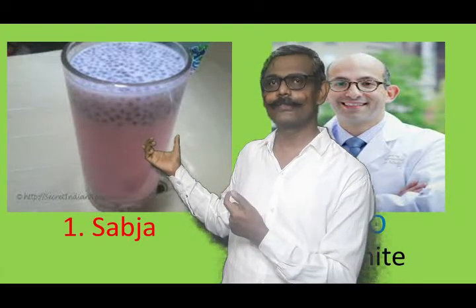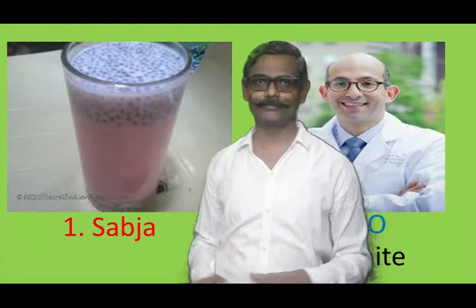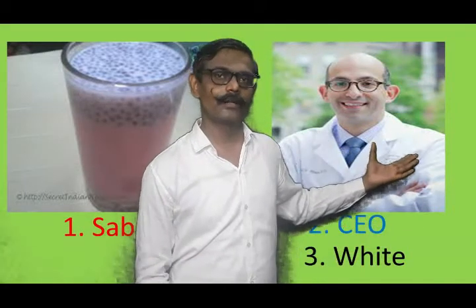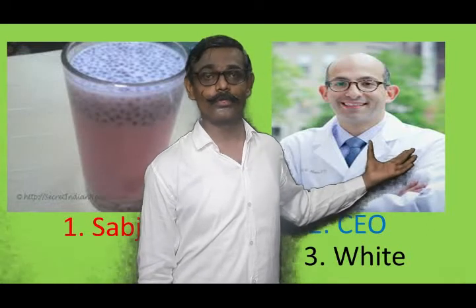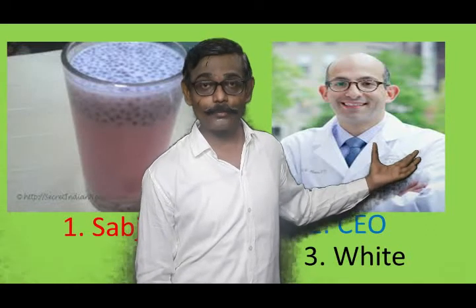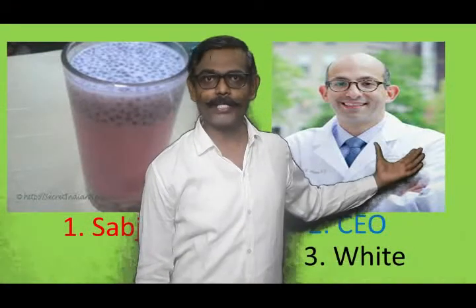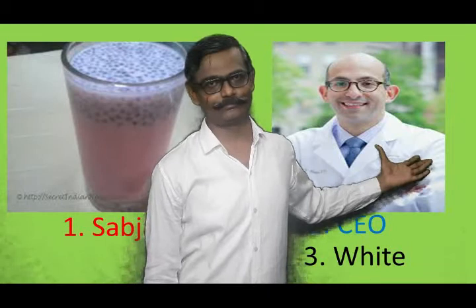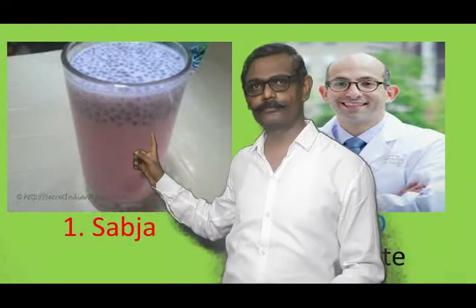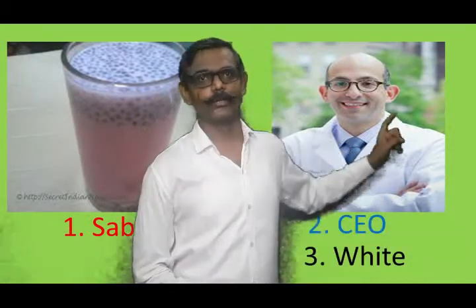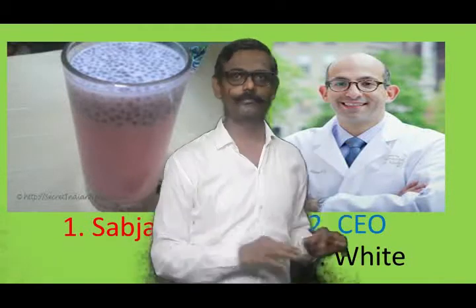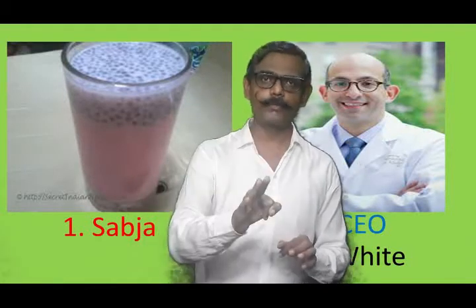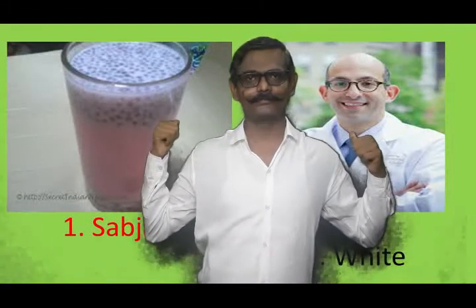And a living thing: CEO, Chief Executive Officer of a company. Which coat does that CEO wear? White. Number one, sabja. Number two, CEO. And number three, white. These are the three things to be remembered from this second slide.